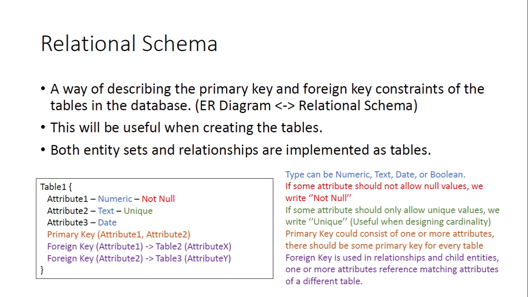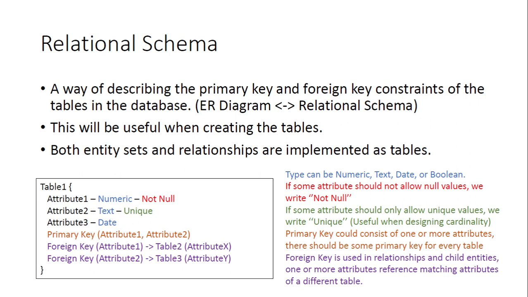In the relational schema, we can give more detail about our tables. In the ER diagram, we have entity sets and different kinds of relationships, but in the relational schema, everything will be converted to a table.